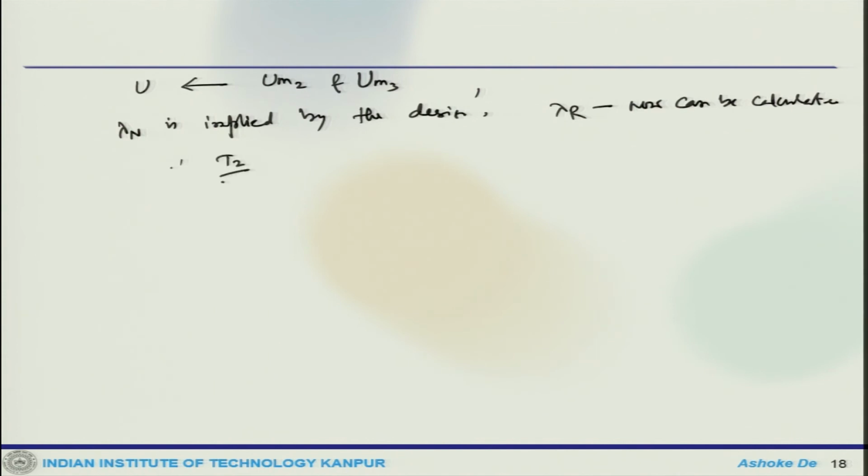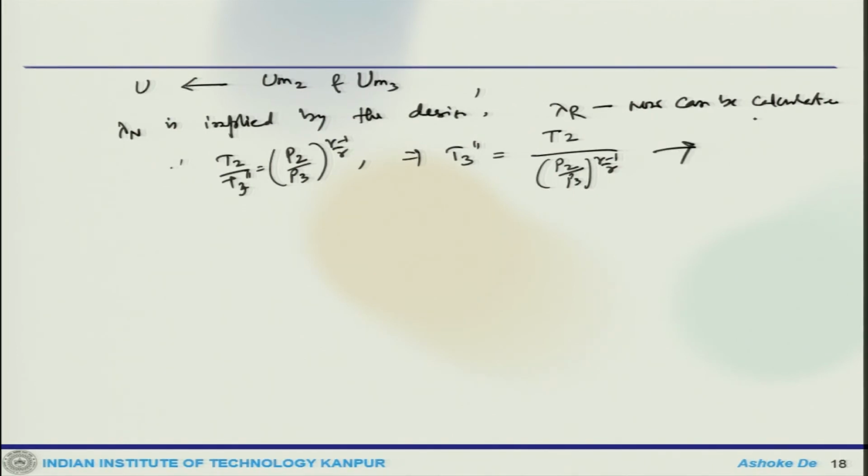So, we get T2 by T3 prime equals P2 by P3 to the power gamma minus 1 by gamma. For this preliminary design, we have taken losses into account via lambda n and eta s rather than lambda r.